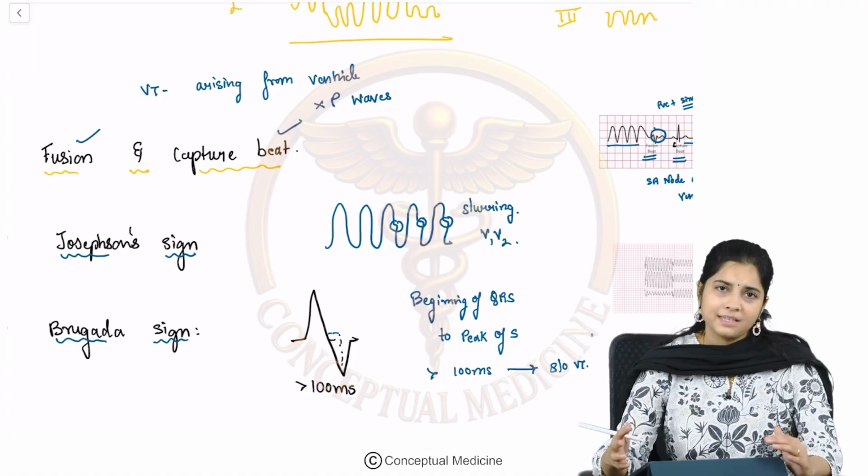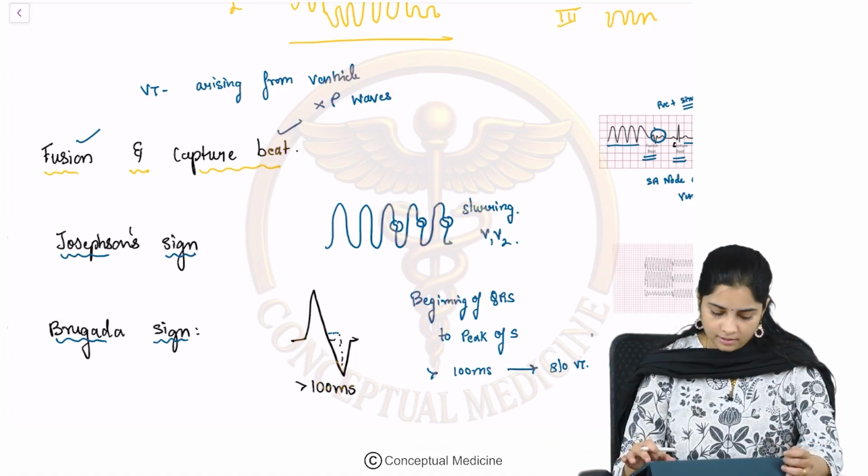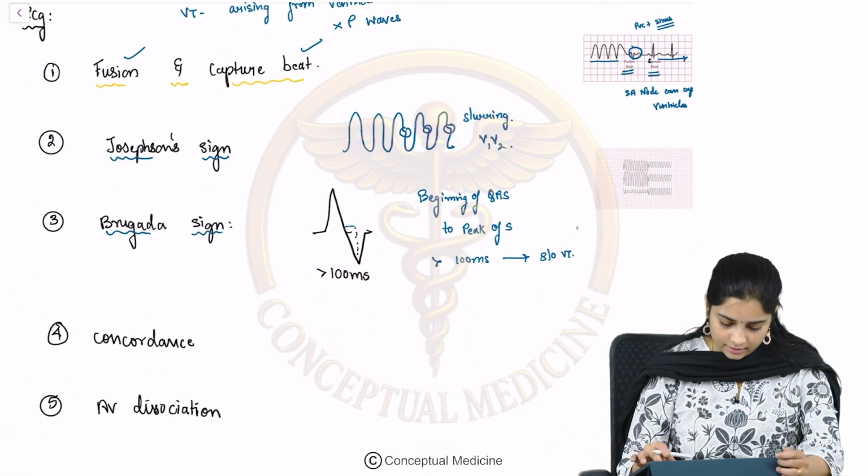This basically means that it is an extremely broad complex. Fine, so that is your Brugada's sign.